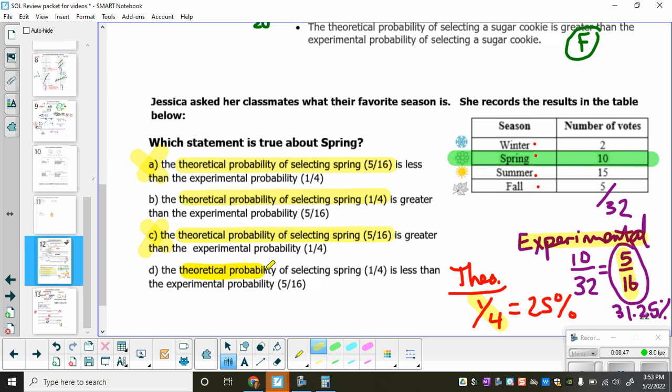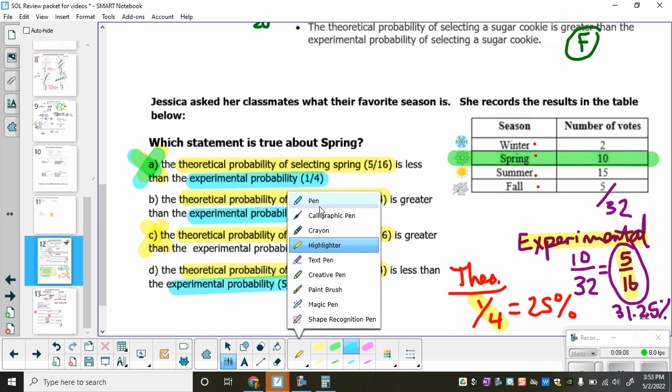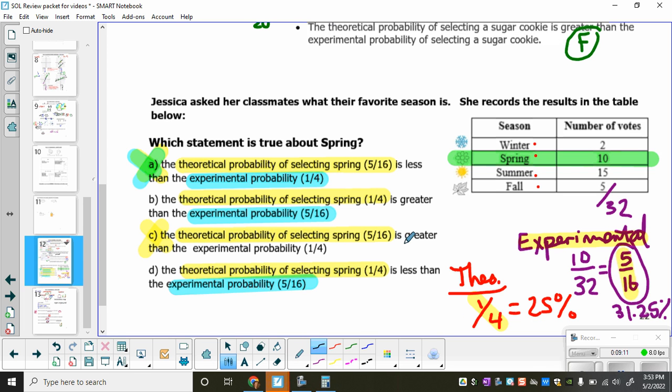D appropriately says that the theoretical probability is a 1/4, so that matches up. Both of these match up the experimental here. So now we just care between B and D, which one says it the right way.